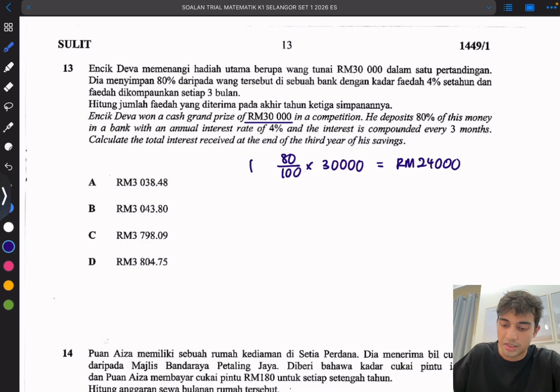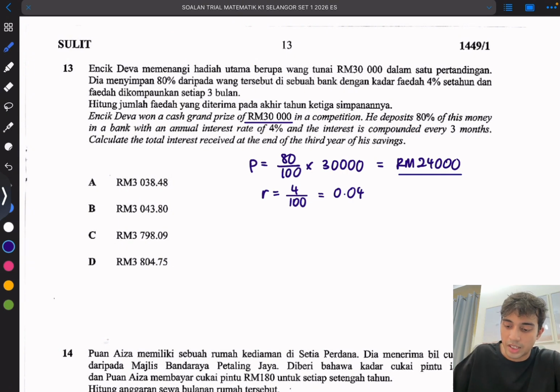Okay, we can call this the principal. Principal is 24,000. Okay. He's getting an interest rate of 4% and the interest is compounded every 3 months. So this is compound interest. So interest rate 4%, or we can say 0.04.